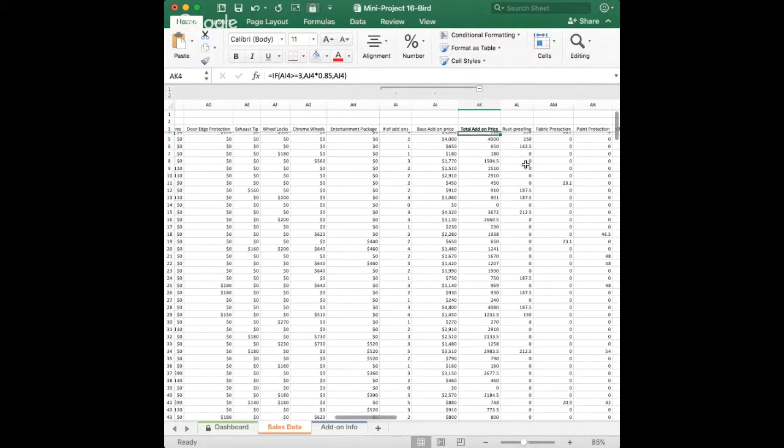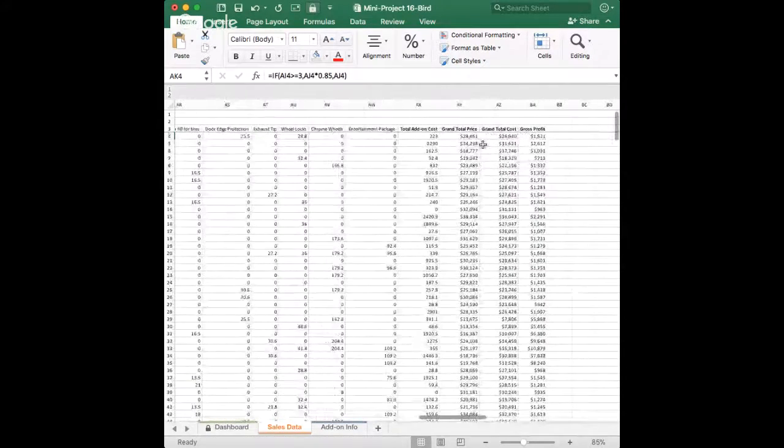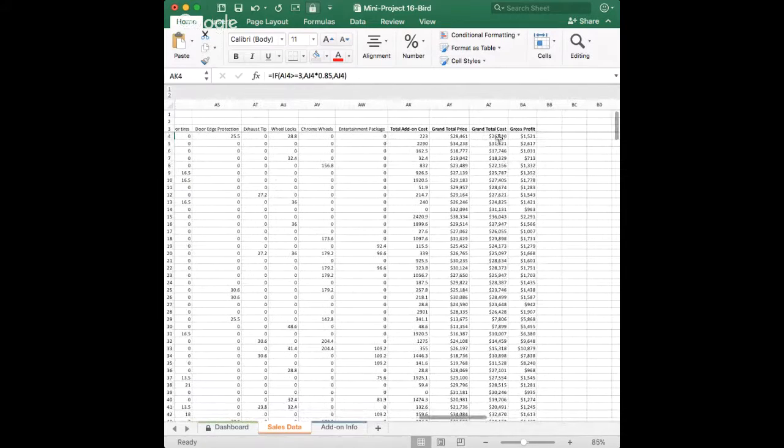Oh, that makes sense. Okay. That comes further over. Over here, you get to the grand total, then the total add-on cost, stuff like that. I like how you have yours set up. That makes sense.